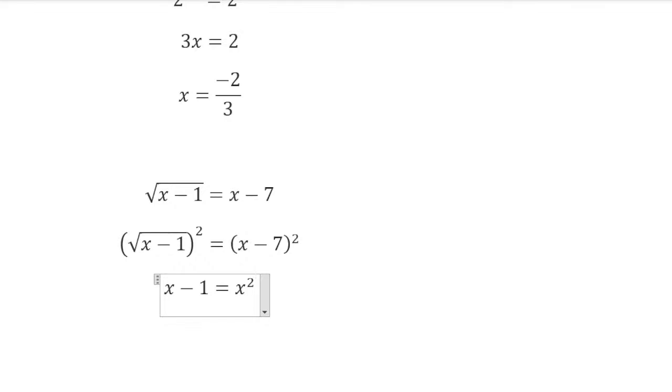Then x times negative 7 is negative 7x, times 2, that will be negative 14x. Then negative 7 times negative 7 is positive 49. Perfect.